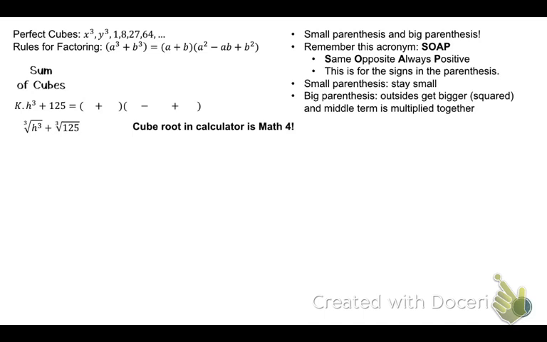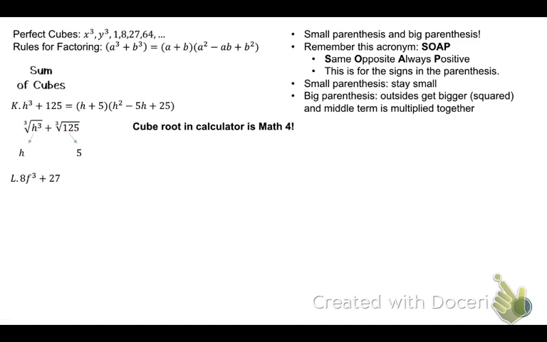If you have a Casio or an Inspire, no idea. I could try and help you out in class, but you're going to have to figure it out. So the cube root of h cubed is h. The cube root of 125 is 5. So that's going to be h plus 5 in the first parenthesis because they stay small. Big parentheses get bigger. So that's going to be h squared and 5 squared, which is 25. The middle term is h times 5, which is 5h.